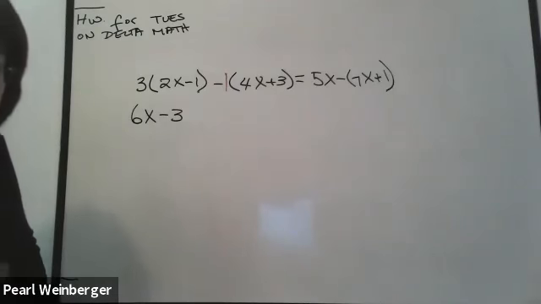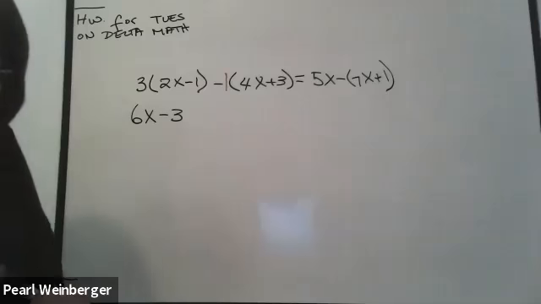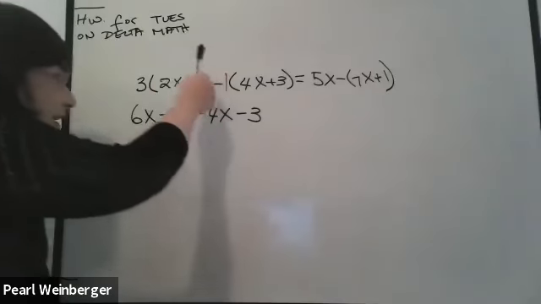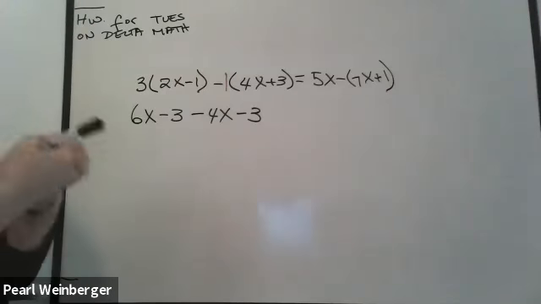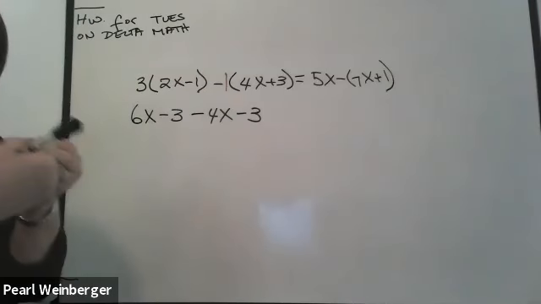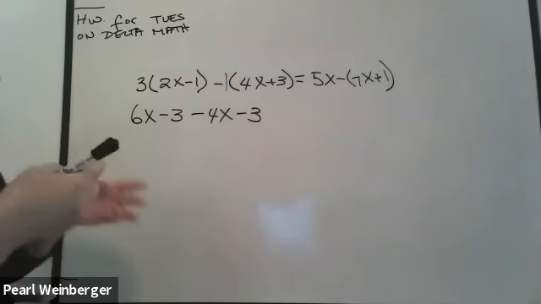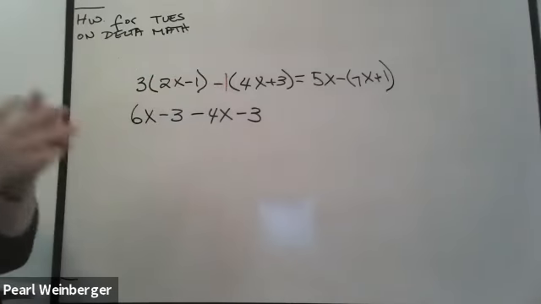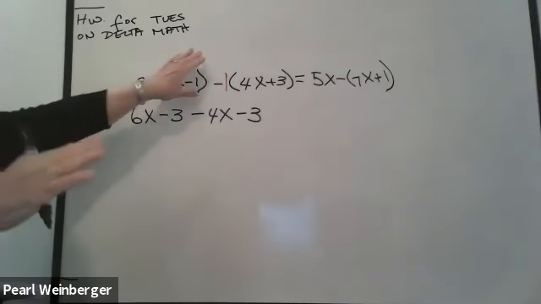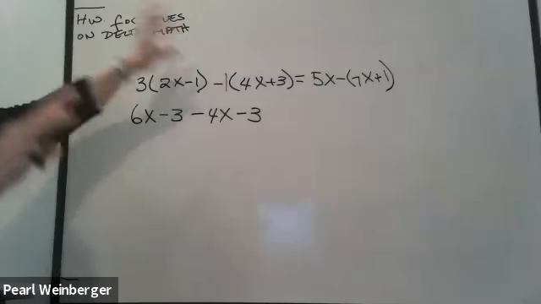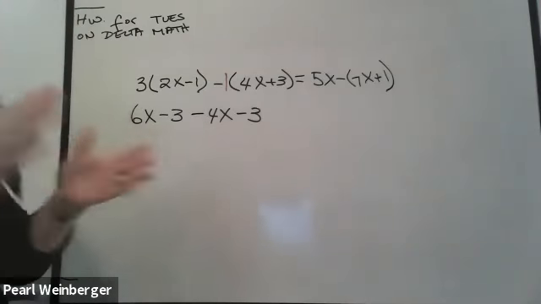So let's see what you get when you multiply by negative 1. Negative 4x minus 3. Right. Don't forget that attached to the sign is the number, and they are one unit. It's not a 1 separately and a negative separately. It's negative 1.